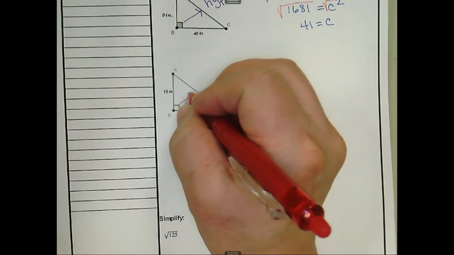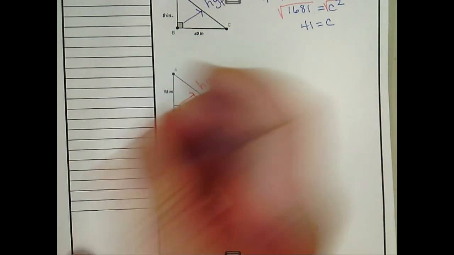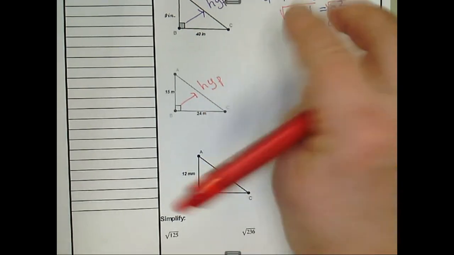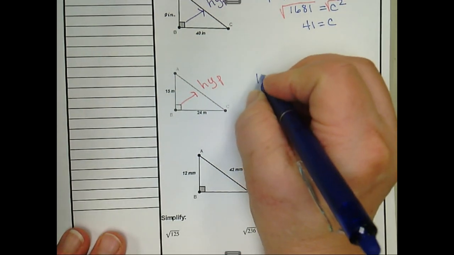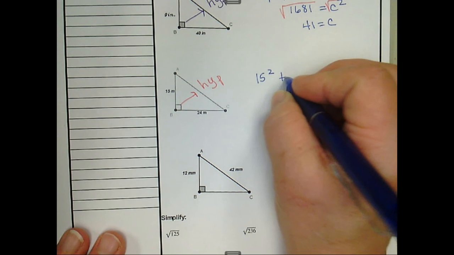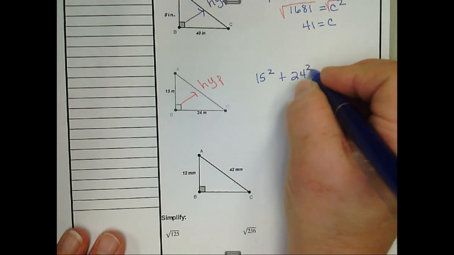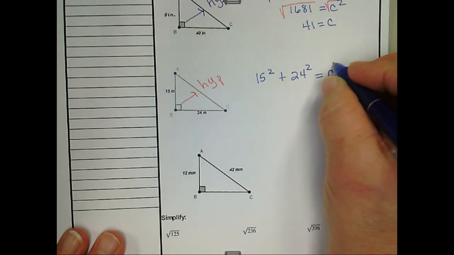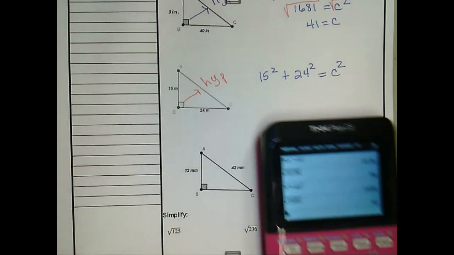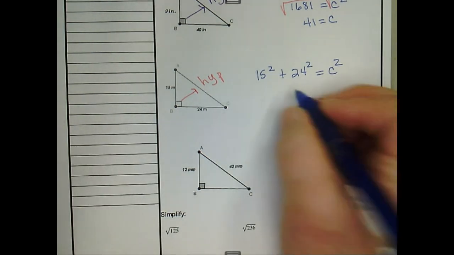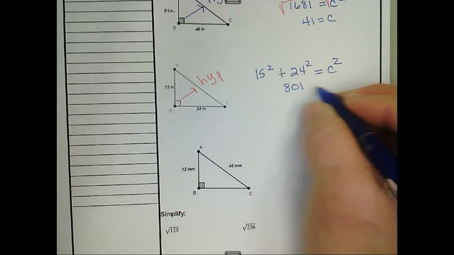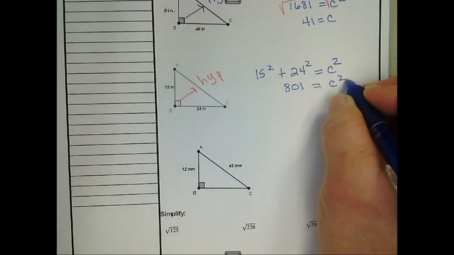Here's your right angle. This is your hypotenuse. So I will be adding. 15 squared plus 24 squared is equal to 801, which is equal to c squared.